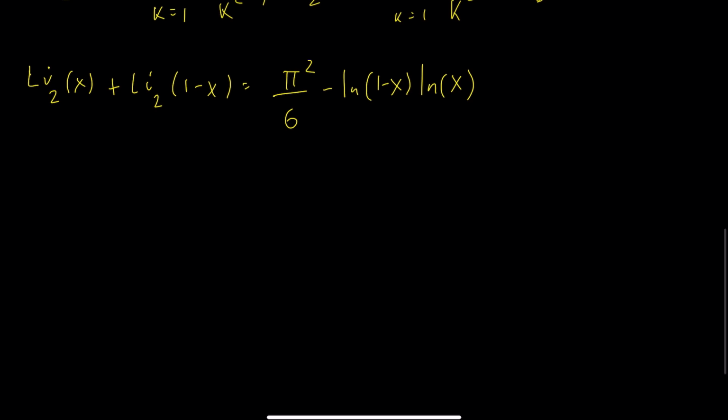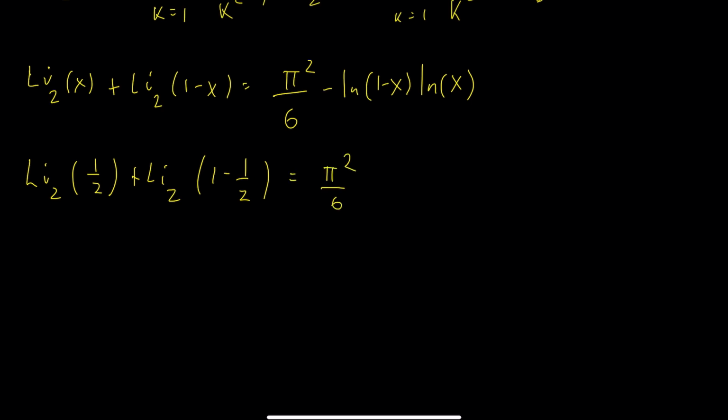So now that we've shown this identity, all that's left is to let x equal 1/2. So by doing so, we have the dilogarithm of 1/2 plus the dilogarithm of 1 minus 1/2. This is equal to pi squared over 6 minus the natural log of 1 minus 1/2 times the natural log of 1/2.